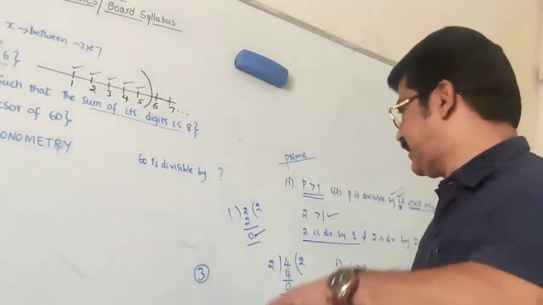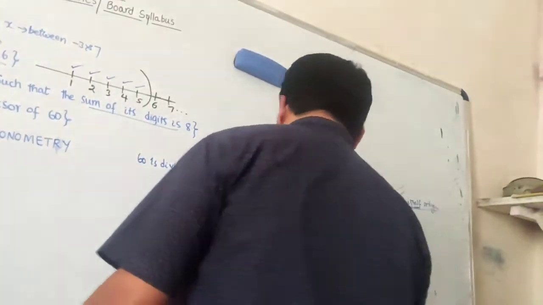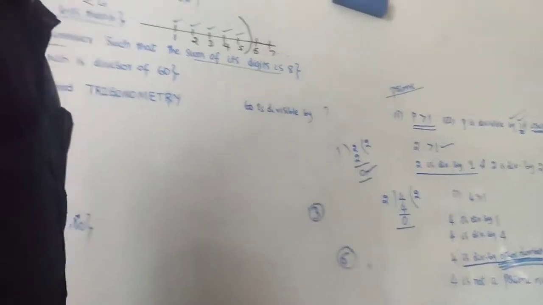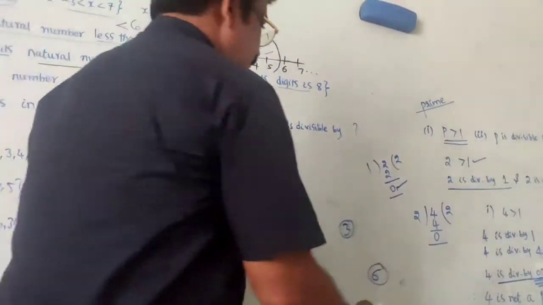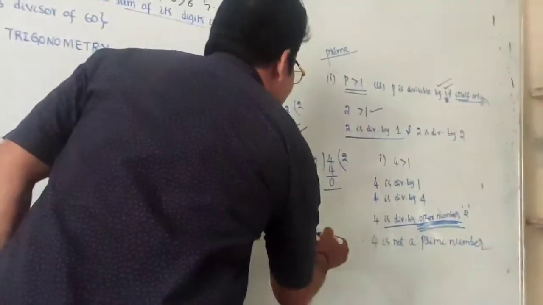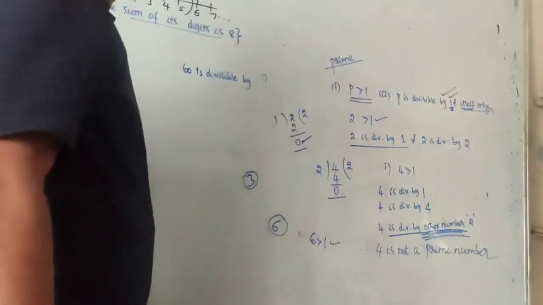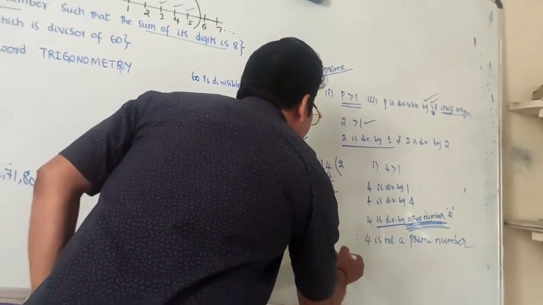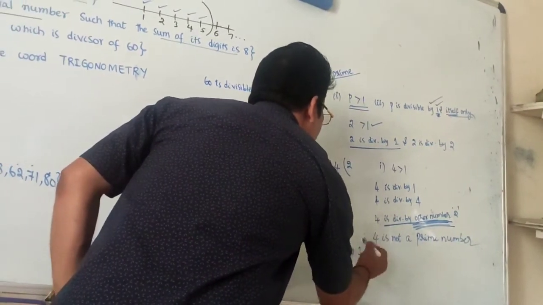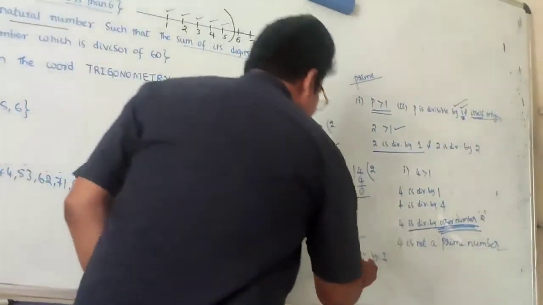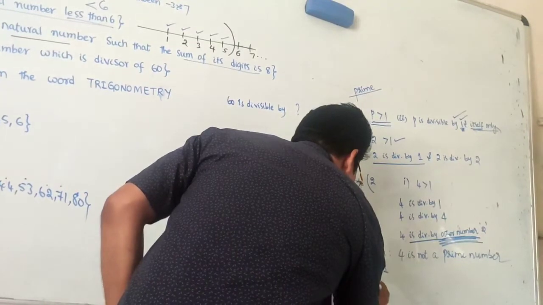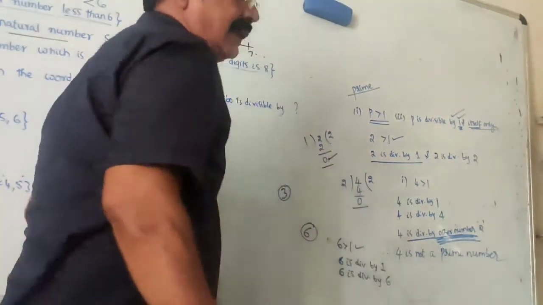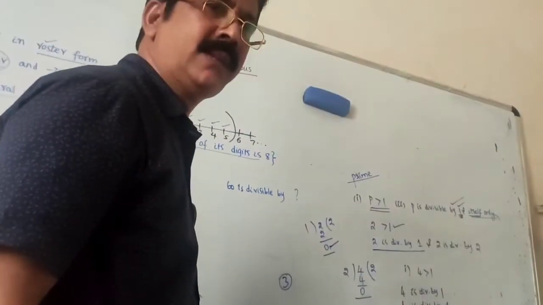Next, last example. Let us take the number 6. So, first condition, 6 is greater than 1. Okay. 6 is divisible by 1. 6 is divisible by itself, means 6. Is it over?